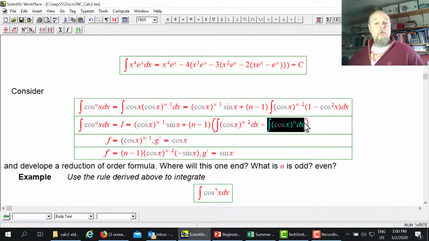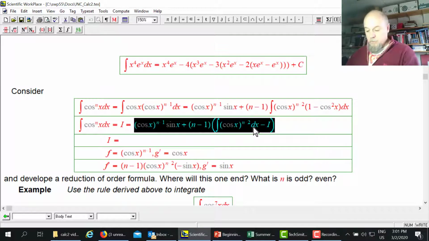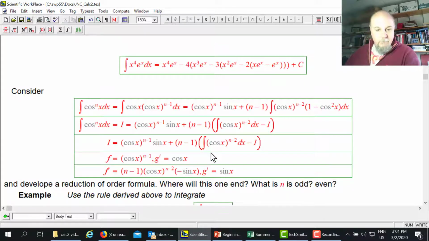So, and this is my original integral. So I can do the same thing, the same trick that we did with that e to the x sine x. I can solve this for I. So let's see what we got. We got I equals this whole piece here. I'm distributing this n minus 1 across this bracket. So that'll be also times n minus 1.